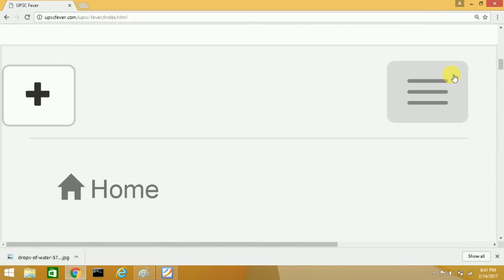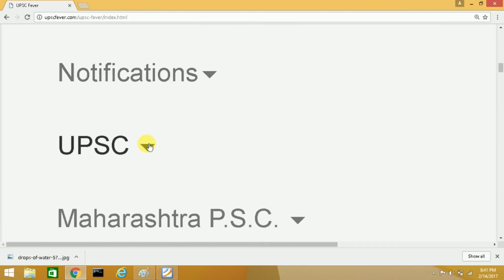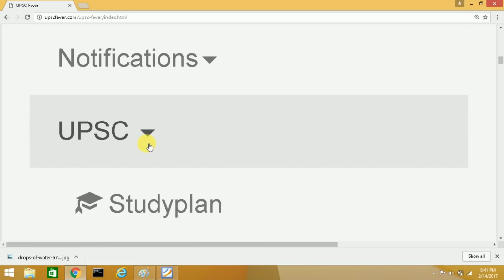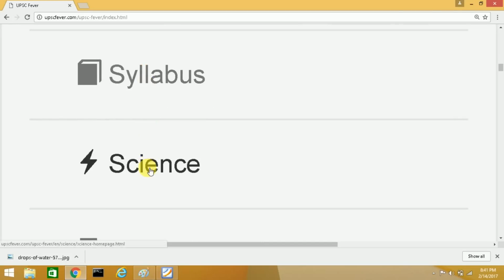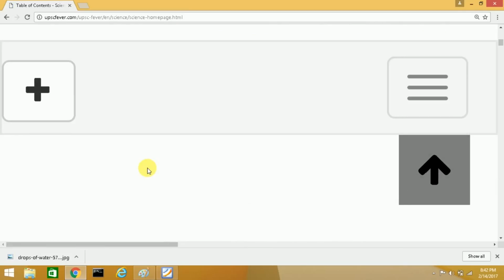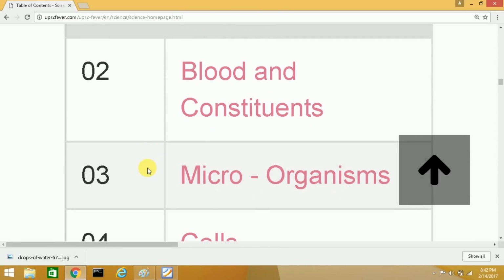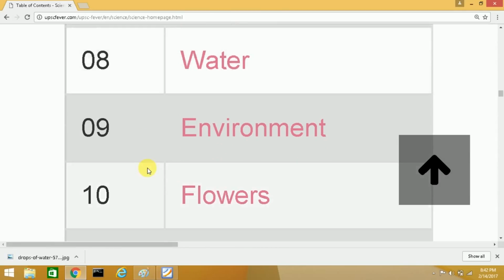You can click on the navigation bar. You can click on UPSC. You can click on science. Then you will see the science homepage. Yeah, this is the science homepage, and we are currently at chapter number 10, flowers.